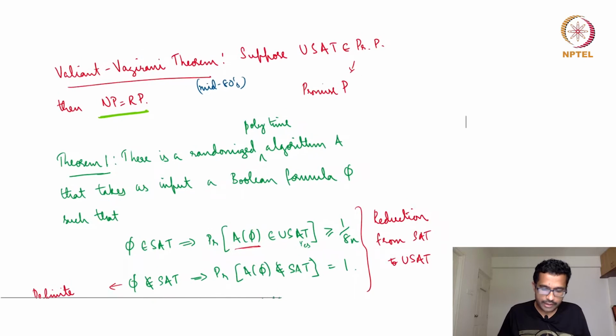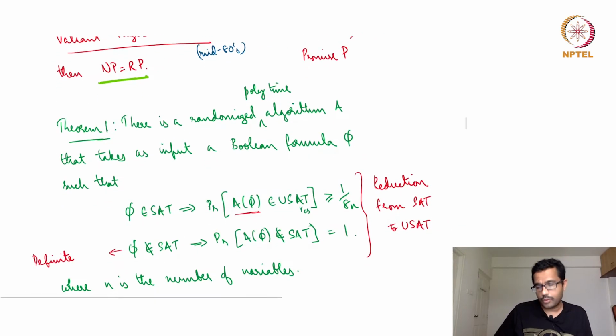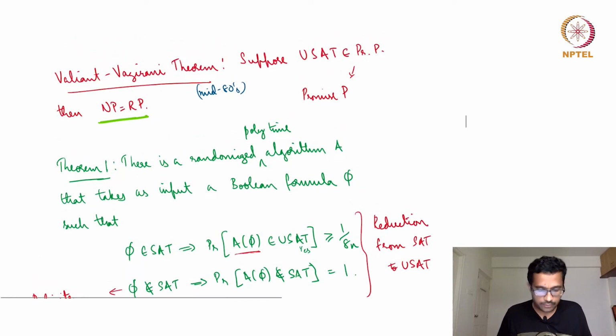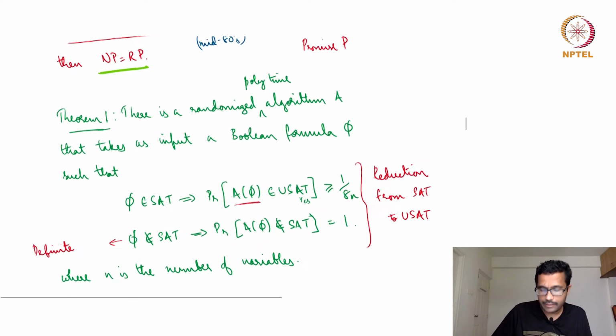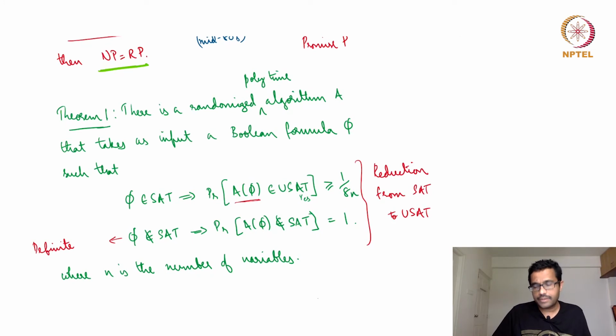So now you may see the proof of how this implies NP equal to RP. If USAT has a polynomial time algorithm, we have already shown, if theorem 1 is true, that implies a reduction from satisfiability to USAT. So any language in NP can be reduced to USAT in randomized polynomial time, and then we can use the polynomial time decider of USAT to decide the original NP language.